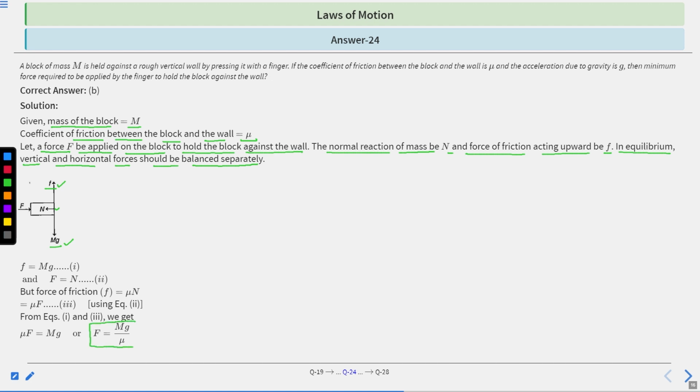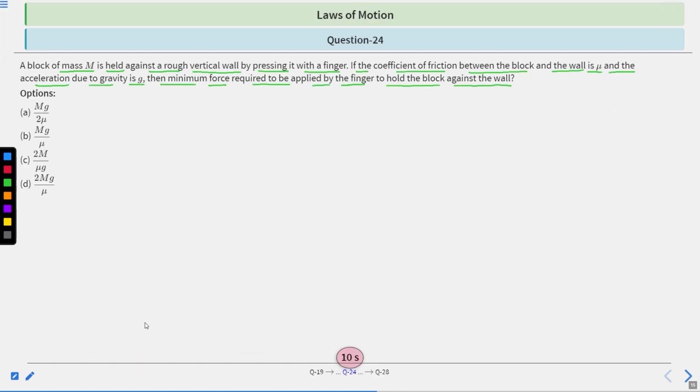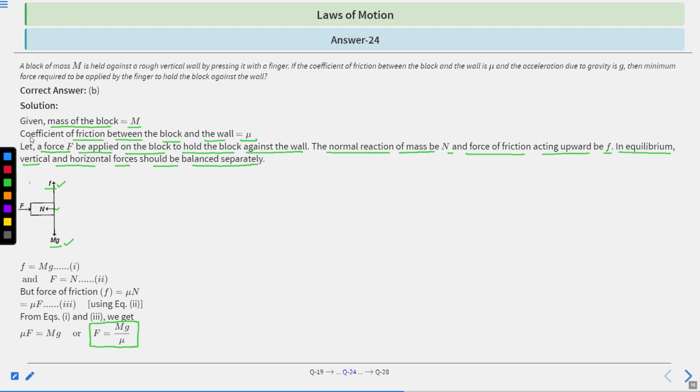So this is the force. The correct answer is B, mg upon mu.